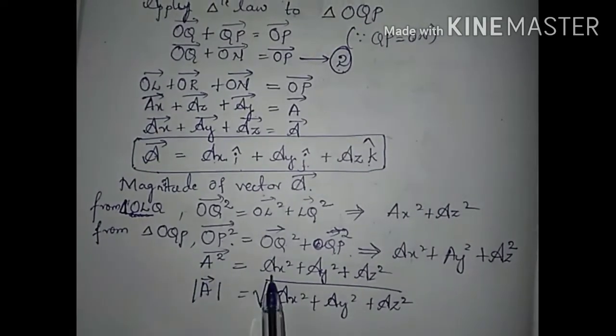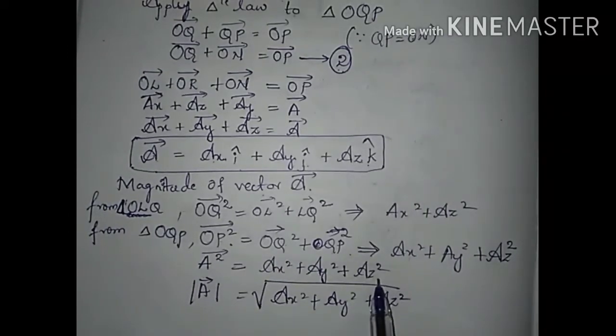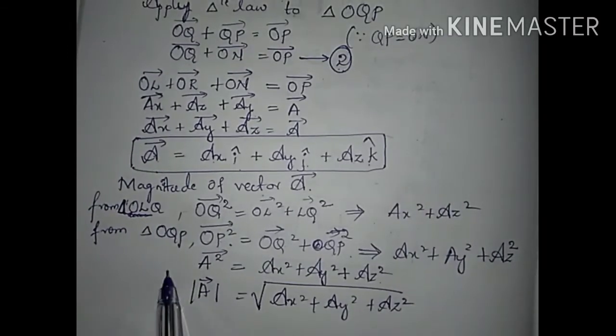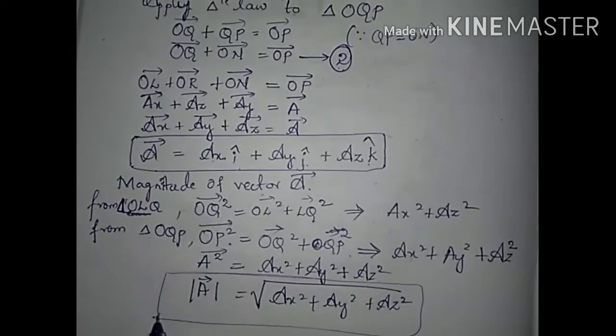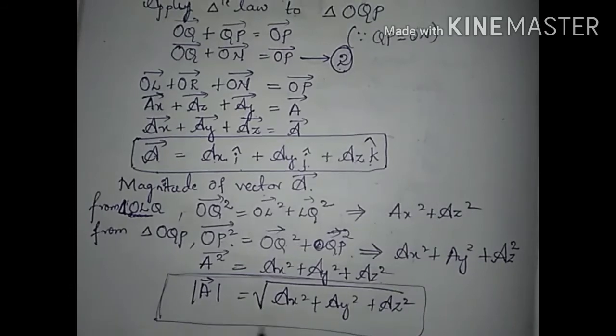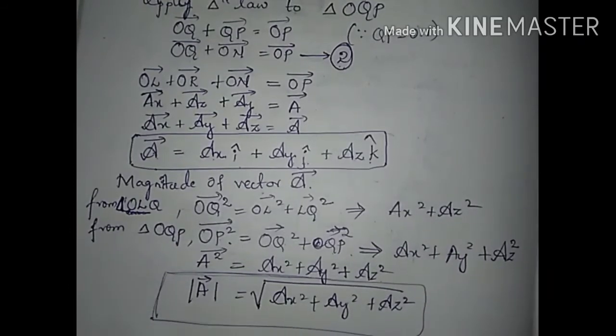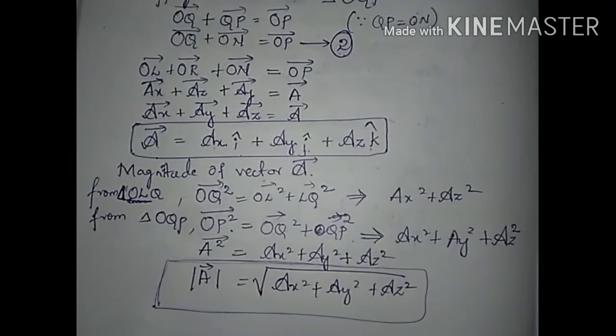So A square is equal to Ax square plus Ay square plus Az square, and the magnitude of A is the root over Ax square plus Ay square plus Az square.